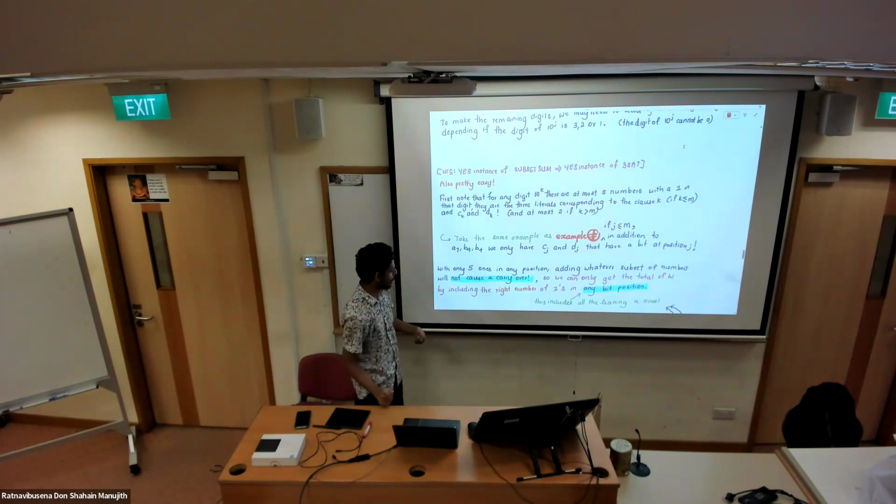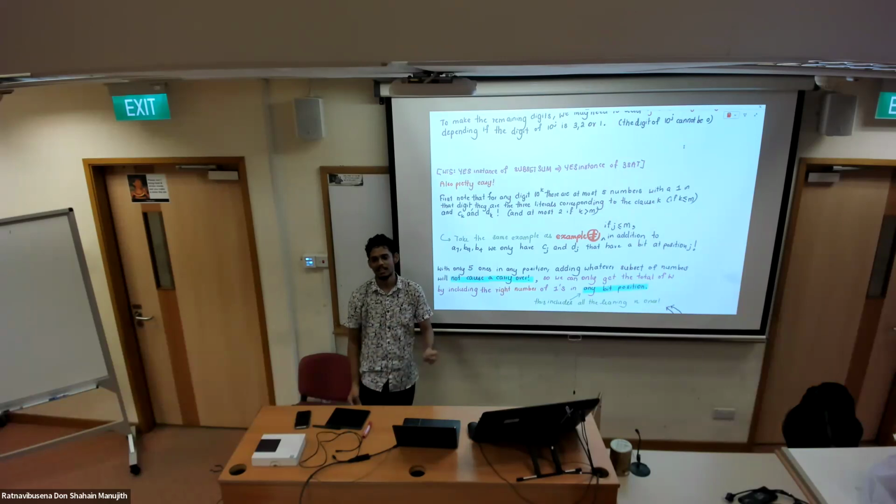So we can only get the total of W by including the right number of ones in every bit position. Because there are no carryovers, you don't need to be intelligent. You only need to get the number of bits correct at every single position. You don't need to consider how carryovers will affect anything, because there will be no carryover, because there are at most 5 ones in any position. Okay, David?